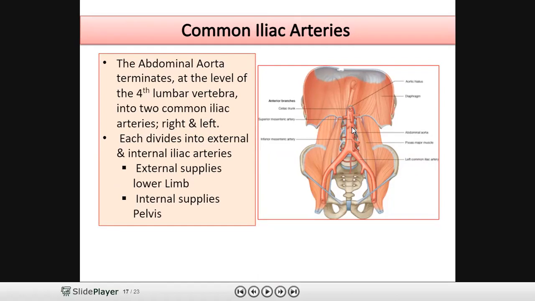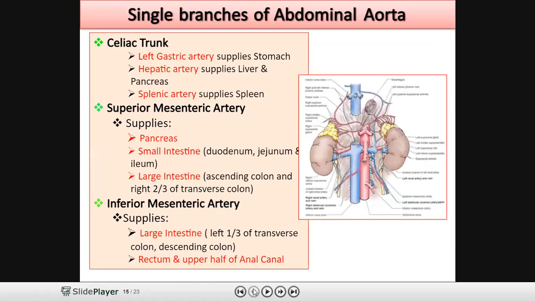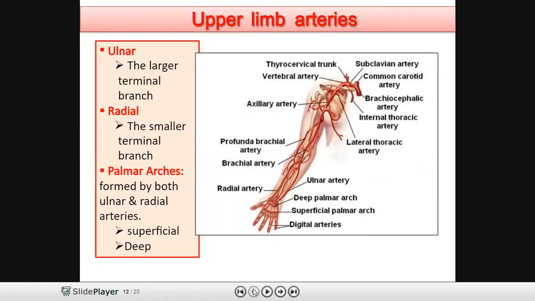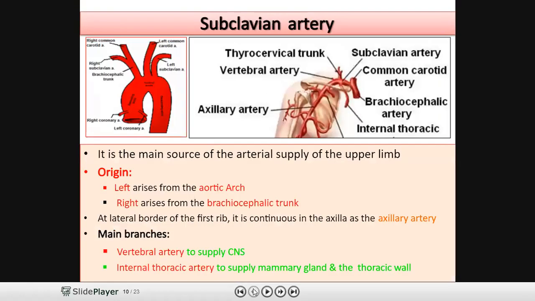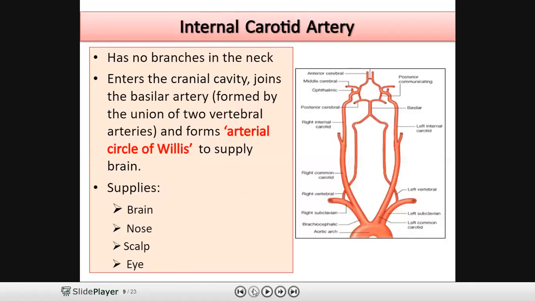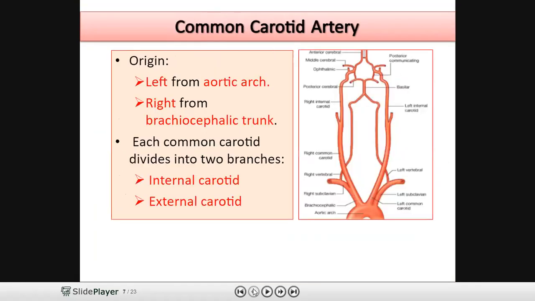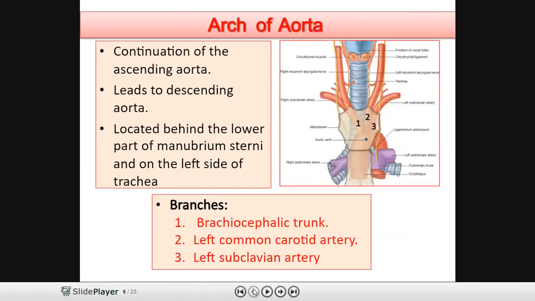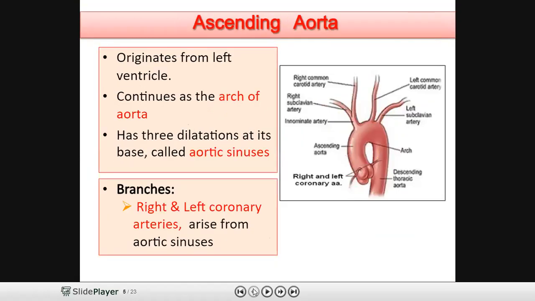We said that the aorta had four parts, and these four parts of the aorta are the ascending aorta, the aortic arch, the descending thoracic aorta, and the descending abdominal aorta.